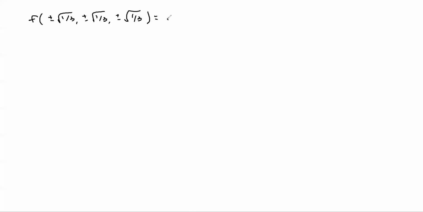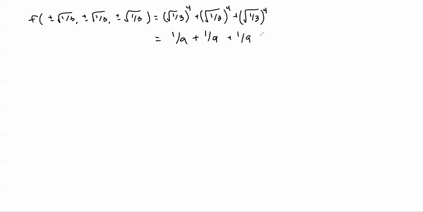We're going to get root 1/3 to the 4th plus root 1/3 to the 4th plus root 1/3 to the 4th. I'm ignoring the plus or minus here because the 4th power is just going to get rid of the sign. And then if you do that, root 1/3 times root 1/3 is 1/3, times another 1/3, so we get 1/9 plus 1/9 plus 1/9 equals 1/3.